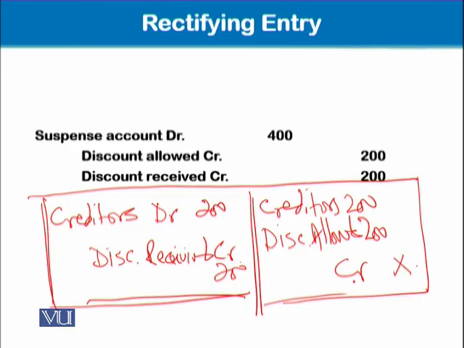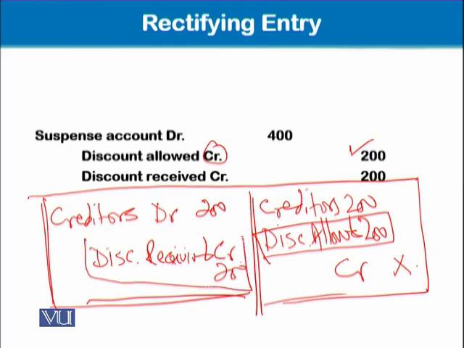Okay, so in order to rectify this, the discount allowed which was wrongly debited needs to be credited. Okay, and the discount received which was not credited needs to be credited now. So by doing this, our issue is resolved. When the issue is resolved, the balancing effect is given to the suspense account. Got it?